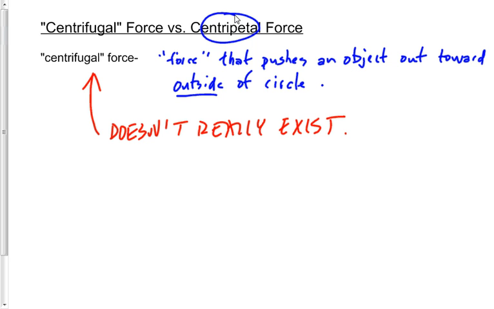How is it that you're stuck against the wall? How is it that you can't lift your head up off the wall of that ride when there's not really any force pushing you out? The centrifugal force is really just what? It's really just inertia.